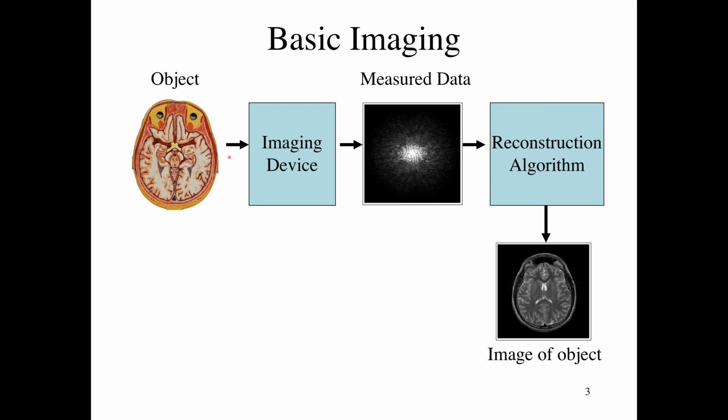The imaging device will receive signal that has been modulated by that object. It's either been created by that object in MR, or it's been modulated as the X-rays pass through it. Our imaging device collects that signal, usually over the course of some time. In MR, it can take tens of minutes to collect all the signal you need. In CT, it can take 10 milliseconds sometimes.